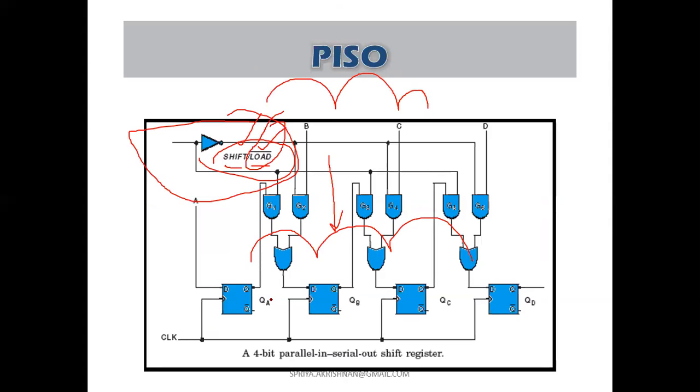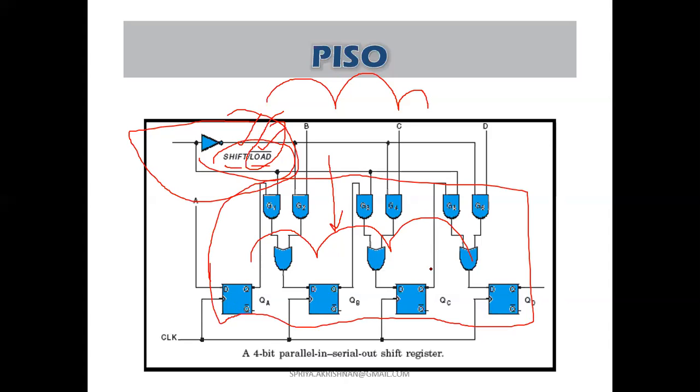See, if you want to do this PISO using flip-flops, you have to use this logic diagram. But I'm showing you the IC of the shift register. Inside the IC, how many flip-flops are present?